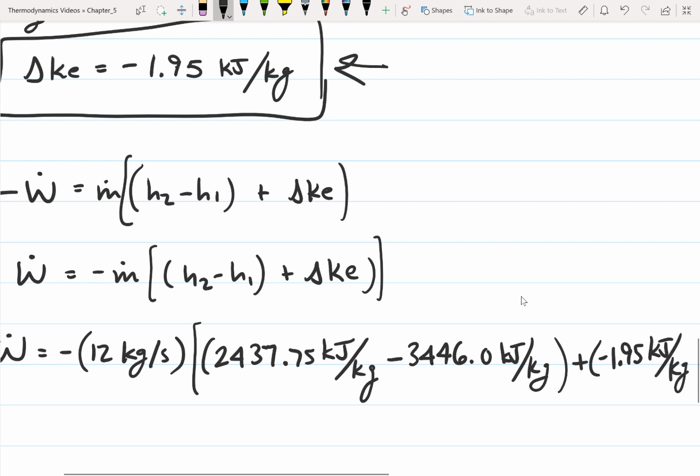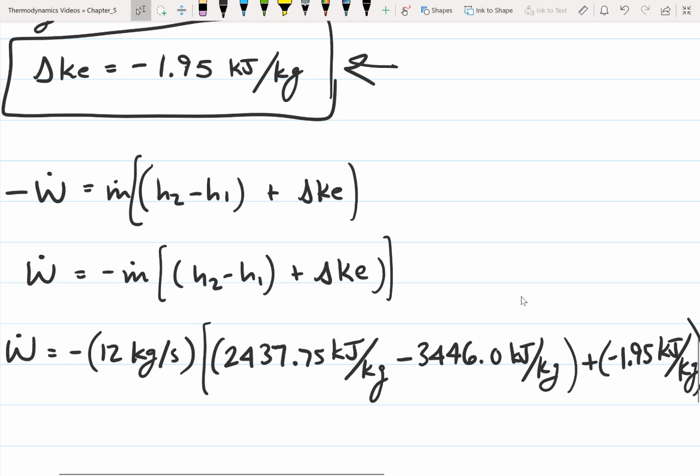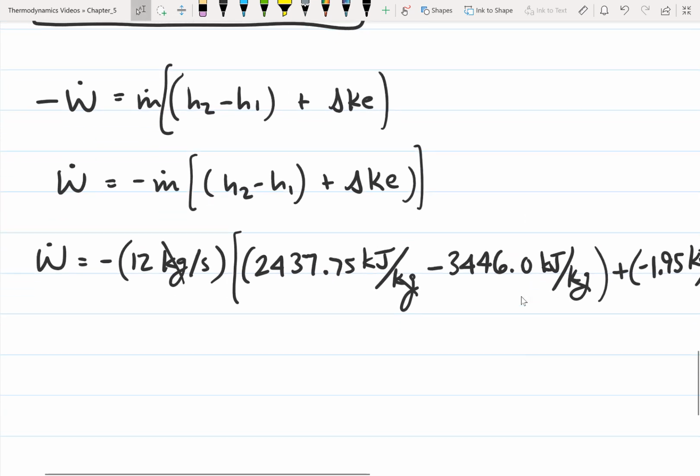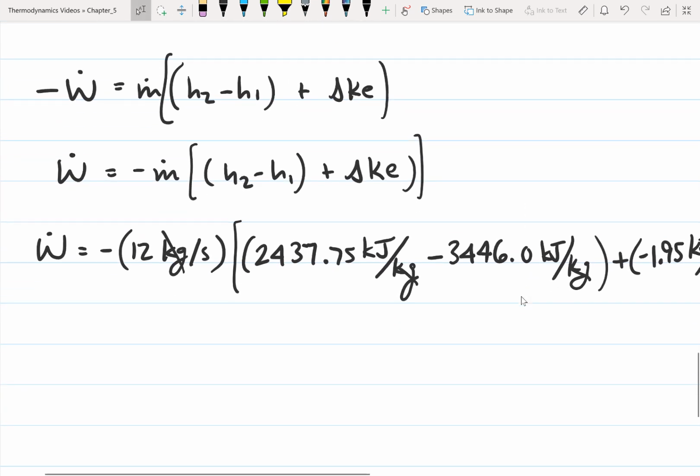kilojoules per kilogram. Now let's just make sure our units work out. So we have kilogram here, that's going to cancel out all of these kilograms, and we're left with kilojoules per second, which is what we want because we're looking for the work. This dot means that this is on a per time basis, so the units for this are kilojoules per second or kilowatt.